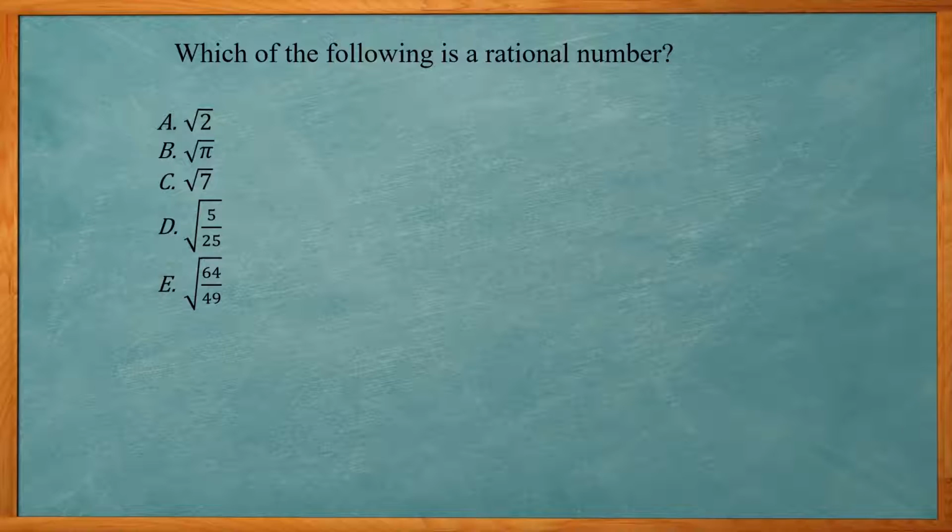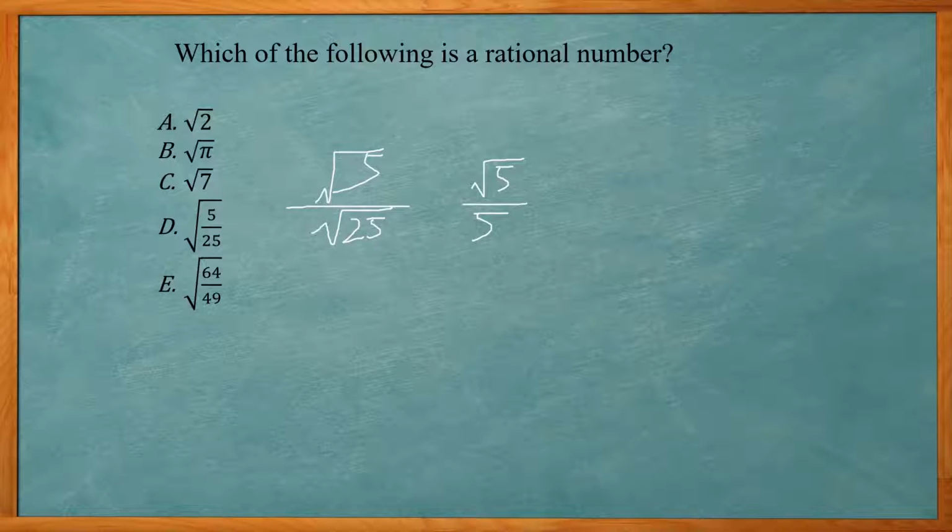Now remember, with square roots I can rewrite it as square root of 5 over square root of 25. And we know the square root of 25 is just 5, and then square root of 5 on top. So this is going to be irrational because square root of 5 is not going to be an integer.